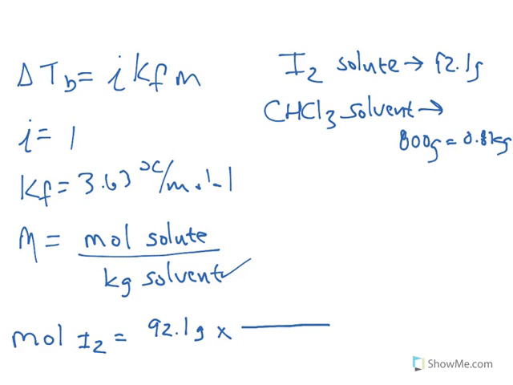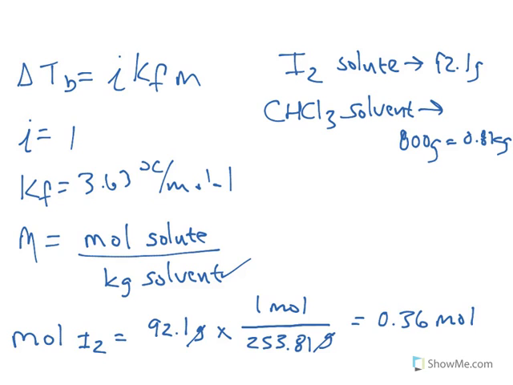You can look that up online, or just get it off the periodic table by adding 2 molar masses of I. If you take I plus I, you will get a molar mass of 253.81 gram per 1 mole. Iodine is extremely heavy. So our grams cancel, and when I do that, I get 0.36 mole.